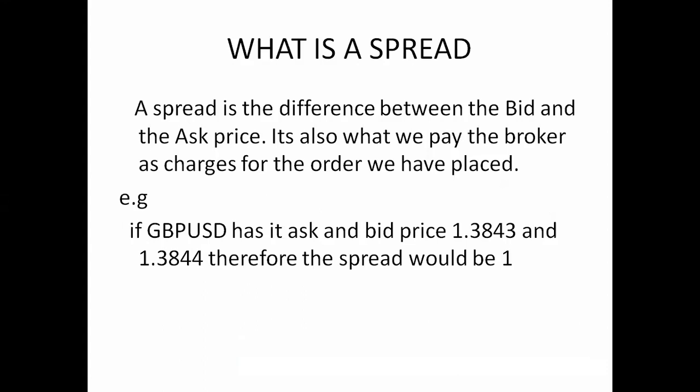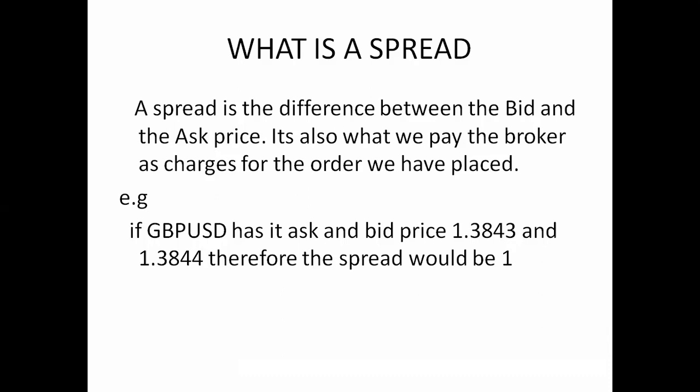The difference between the bid and the ask price is what we call the spread, and also the commission you pay the broker for performing those tasks for you. The broker is collecting money from you, then taking it to the financial market to execute the order. Definitely, you should know that you're supposed to pay him something for that. You get it? So this is the money you are paying to the broker for performing that task for you.